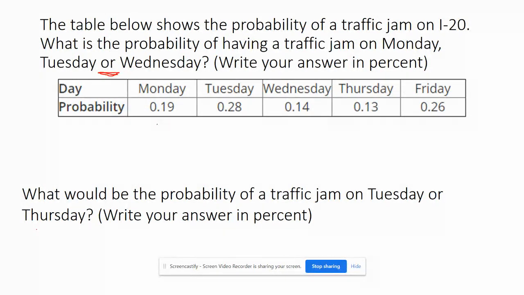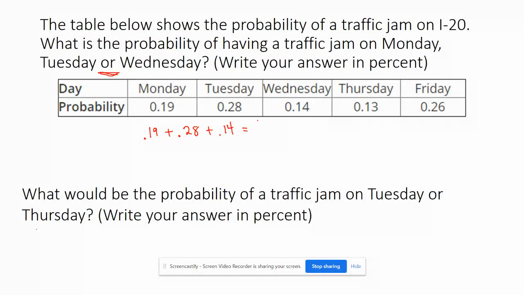So let's look at this. Monday has 0.19, or I can just say 19 hundredths, plus Tuesday has 28 hundredths, and plus Wednesday, which is 14 hundredths. So if I add these probabilities up, I would end up with, let's check.